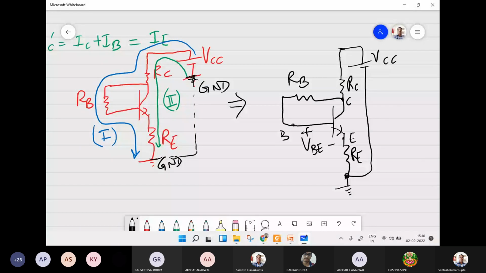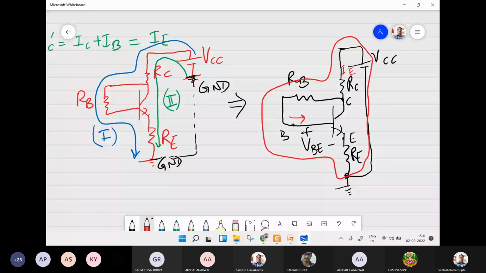Now we can apply KVL to this loop, which we see. The current through RC, we have seen, is IE. The current through RB is the current going into the base, that is IB. And through this RE, the current IE is going to flow.